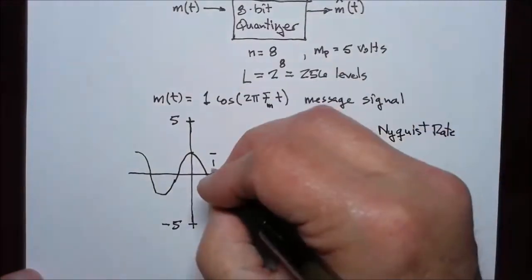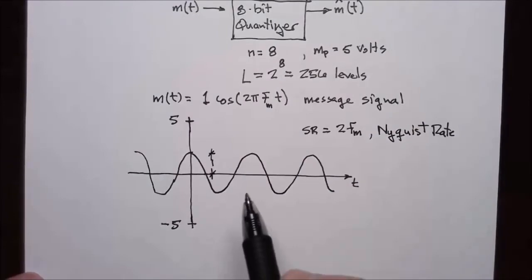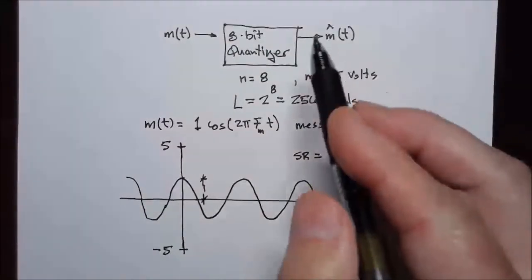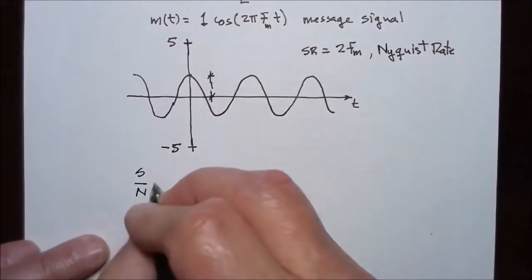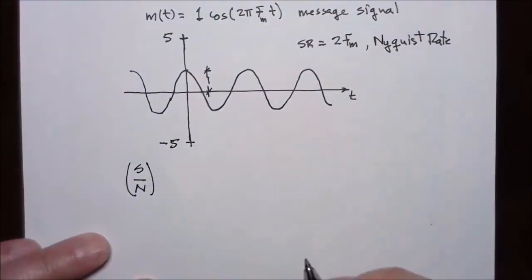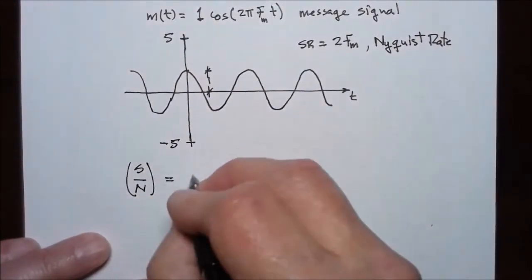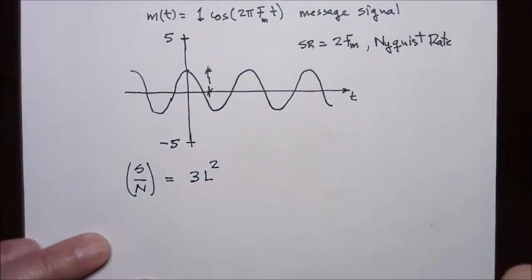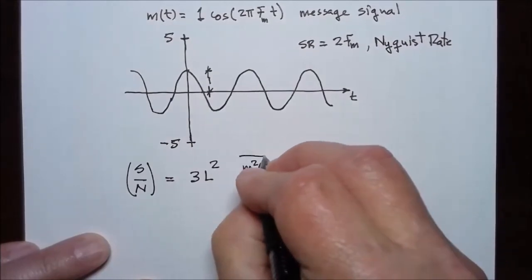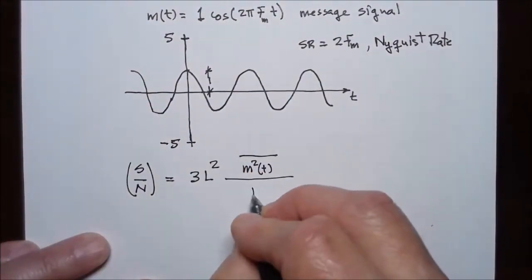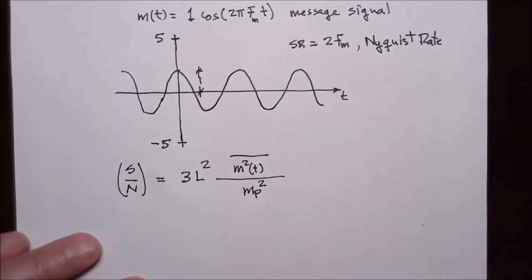Now let's see what happens. Let's find the signal to noise ratio for this quantized signal. The signal to noise ratio is going to be equal to 3 times the number of levels squared times the message power, message squared and time averaged, divided by the peak range of the digitizer squared.